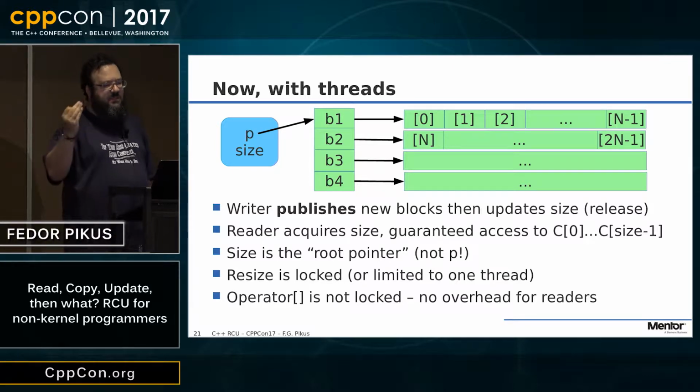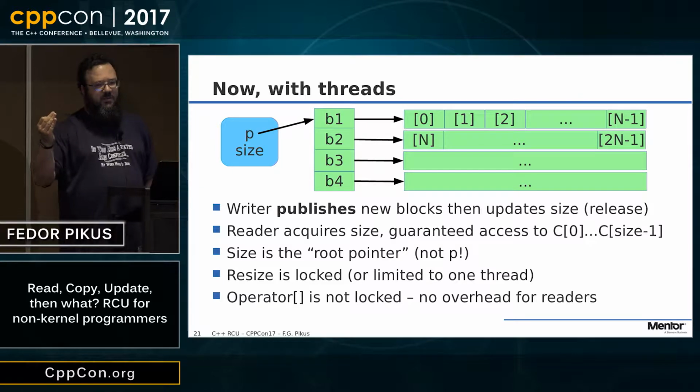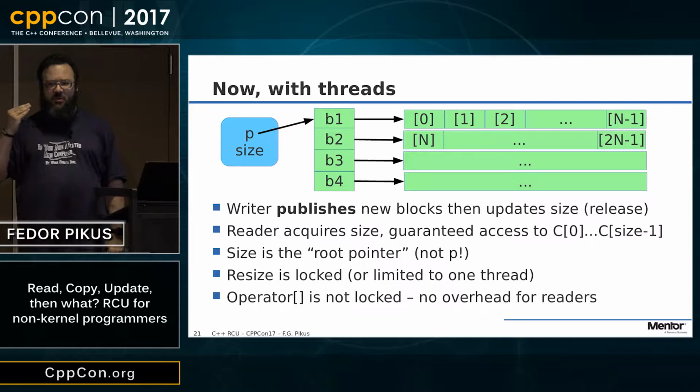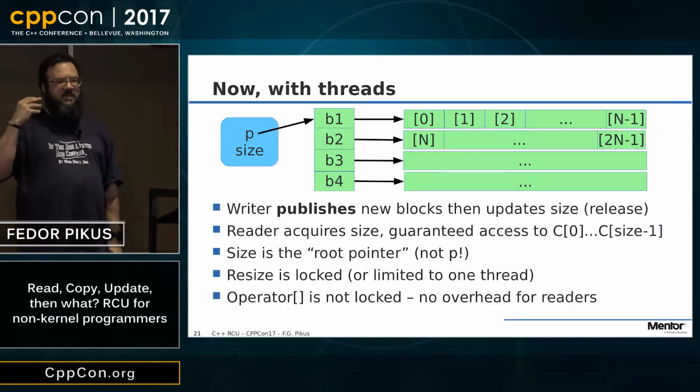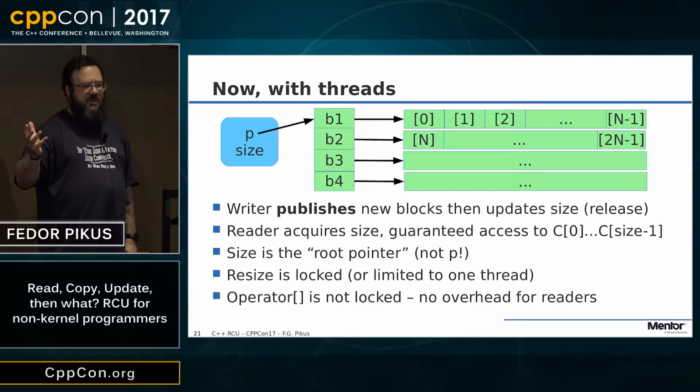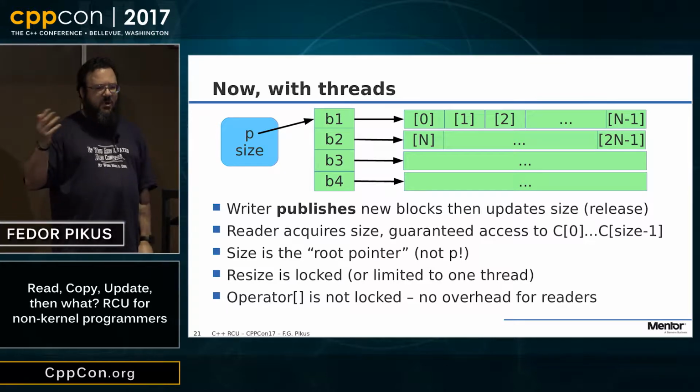What actually reveals the existence of this data to the rest of the universe is updating the size. So size plays the role of the root pointer here. When I update the size, that is the signal that you can access that many elements. Until I update the size, you don't know whether it's safe for you to access these new elements.